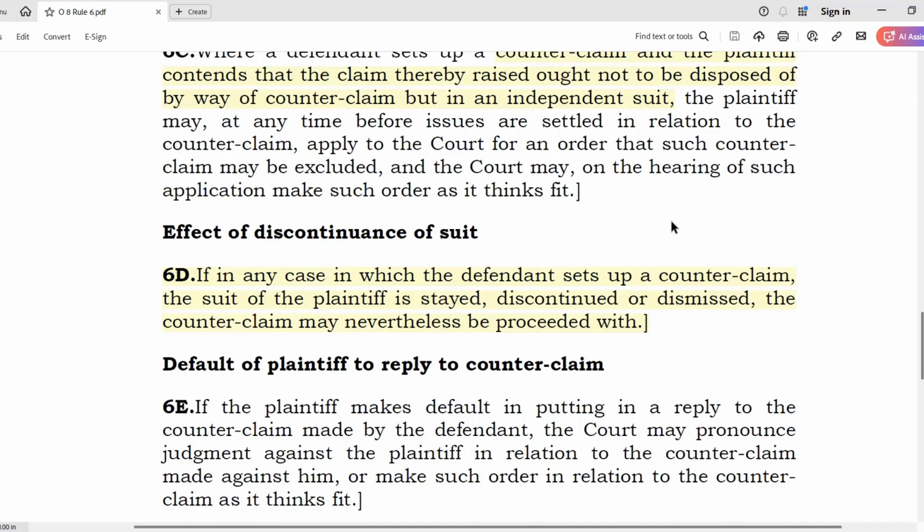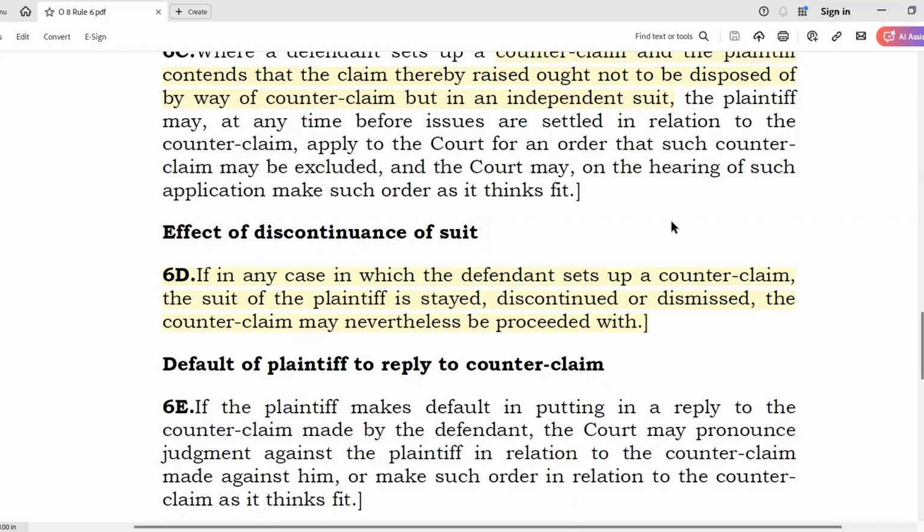There is another important difference between treatment of set-off and counterclaim. What happens is that sometimes the main suit is dismissed or withdrawn by the plaintiff. In that case, the claim for set-off will also go away.